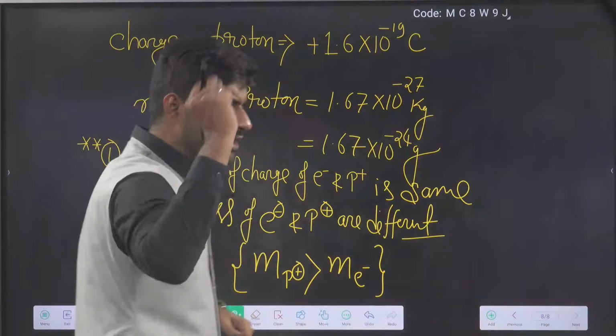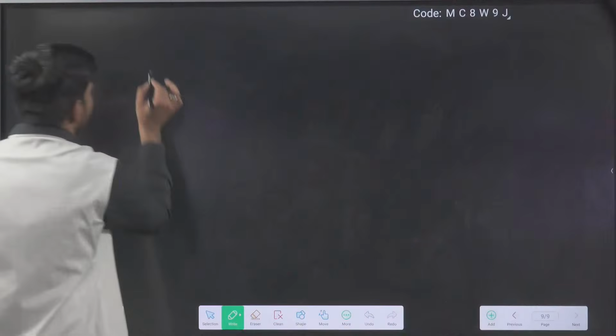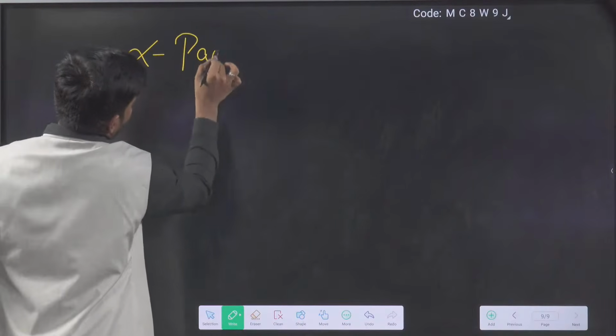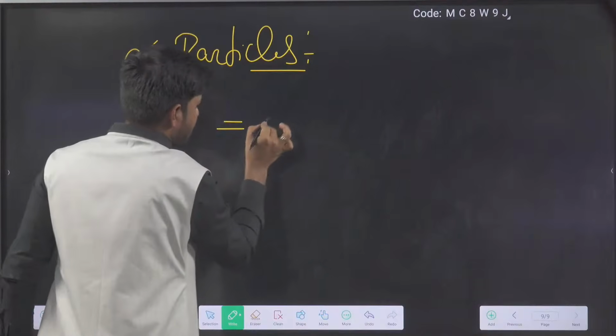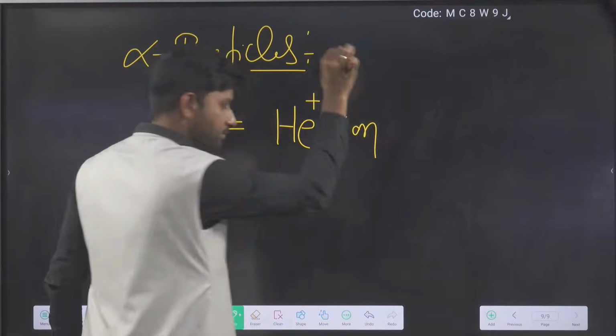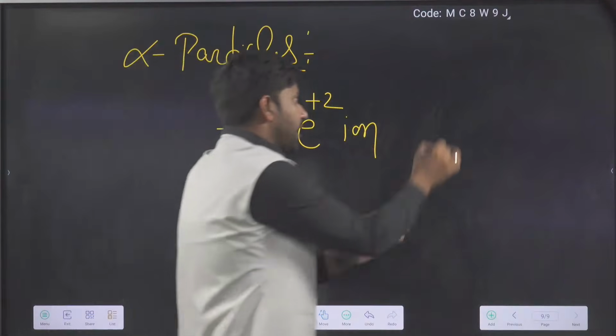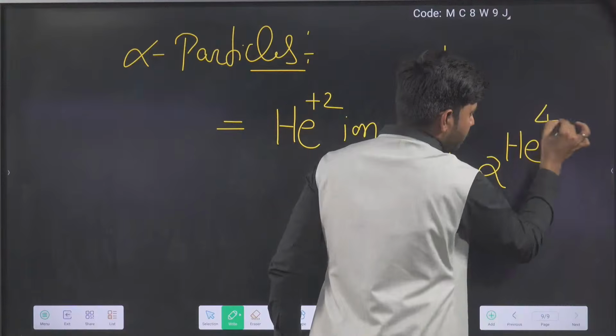Now, alpha particle. I want to discuss 2 points about the alpha particle also. So now come to the alpha particles. Alpha particles are nothing but He plus 2 ion. And here on the side I am writing the representation of He, we know 2He4.